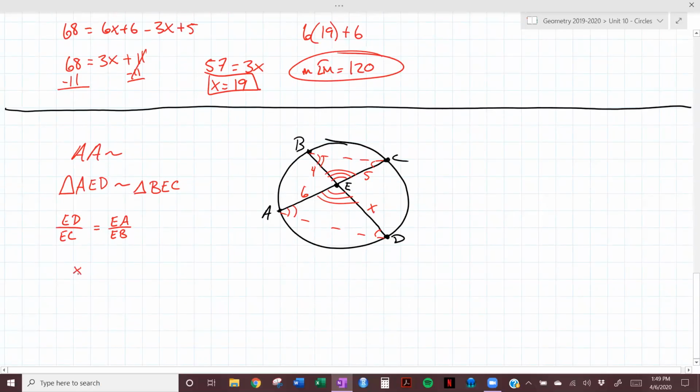So we have X over 5 equals 6 over 4. Cross multiply, 4x equals 30. So when we divide 30 by 4, we get x equals 7.5.